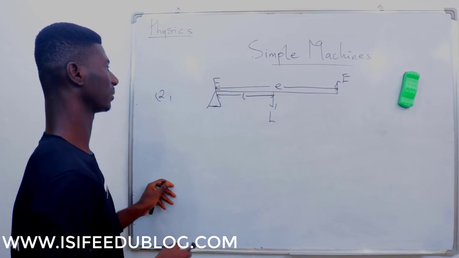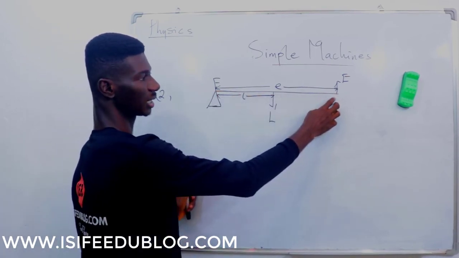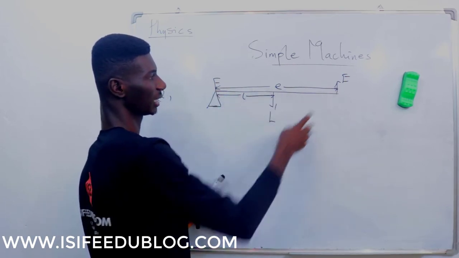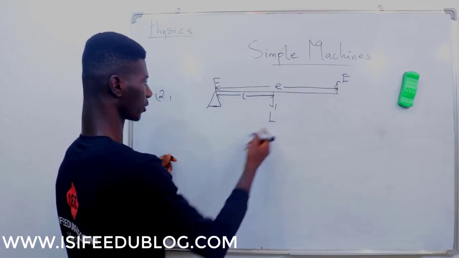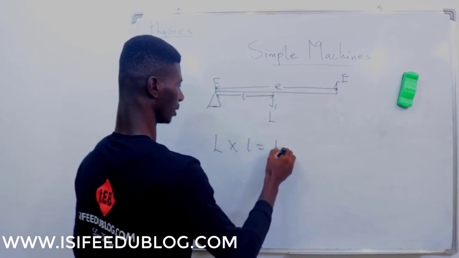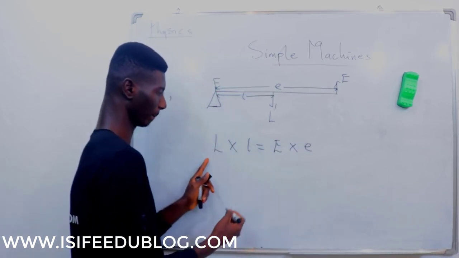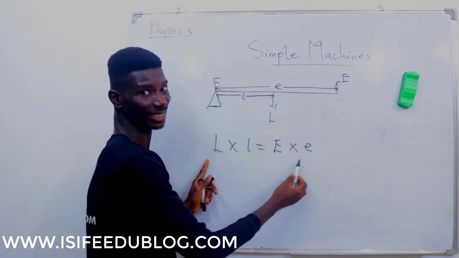So what do we have now? We can see that the distance moved by effort, from here to here, is very large. So if we write out the principle of moment, you have that load is equal to E times this. Now, from here, this distance is very large.